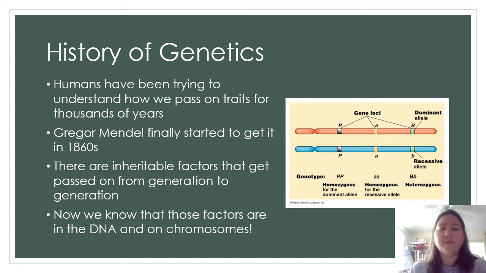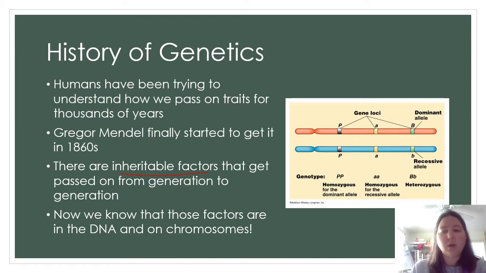So Gregor Mendel finally started to get it in the 1860s. He was a monk who was working on peas in a garden, and he identified that there are inheritable factors that get passed from generation to generation. Mendel just called them factors.